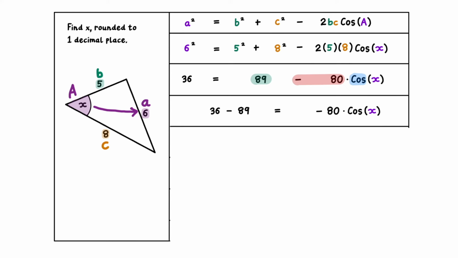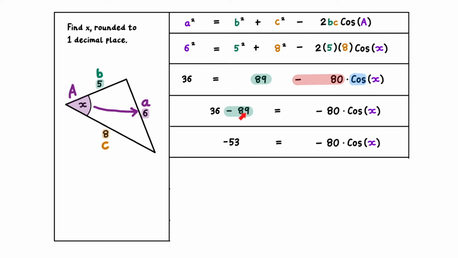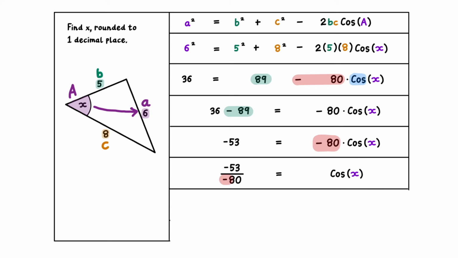To remove the addition of 89, we should subtract 89 from both sides. On the left, 36 minus 89 simplifies to minus 53. To remove the multiplication of minus 80, we should divide both sides by minus 80.